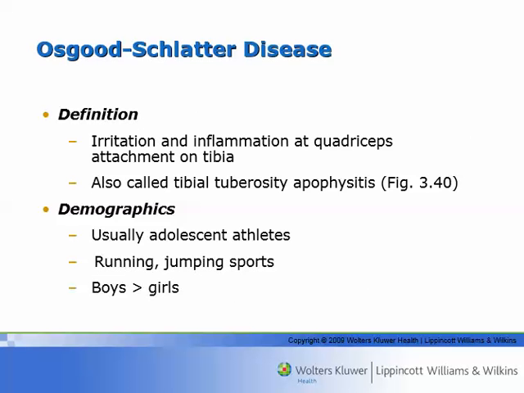So Osgood-Schlatter's I talked about in the synchronous presentation, but what this is, is inflammation where the quads attach to the tibial tuberosity. So this is found on page 674, 675 of your textbook.